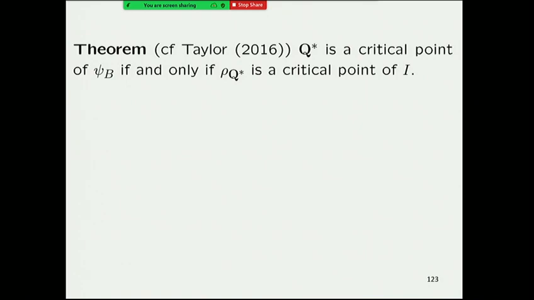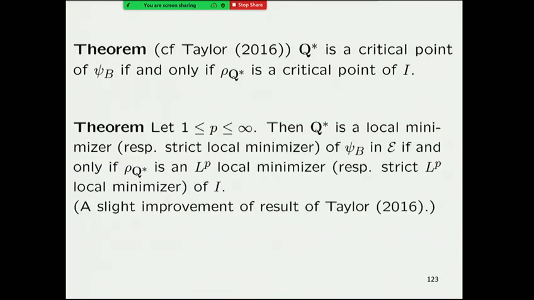And then you can show that Q star is a critical point of the singular potential if and only if rho of Q star is a critical point of I. So that was proved by Jamie Taylor.